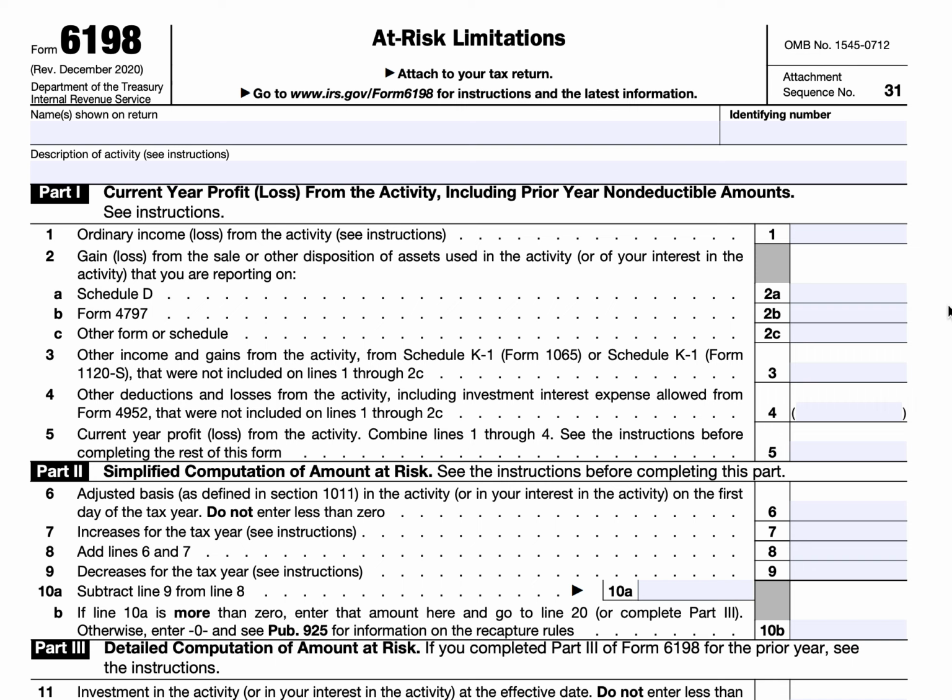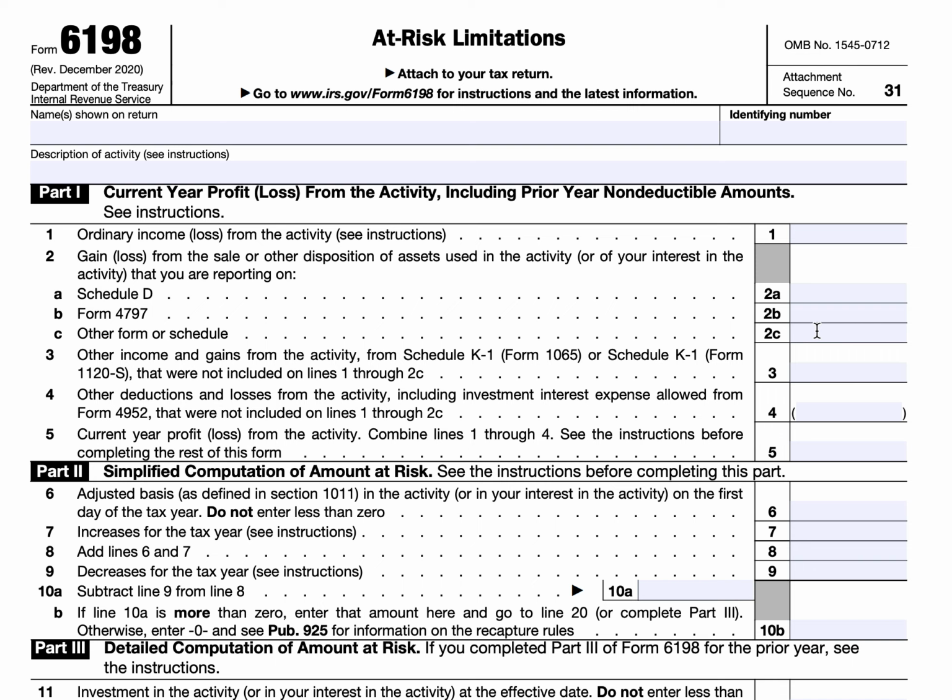So be sure not to enter any amounts in line 2C that you previously entered into either line 2A or 2B. The form instruction states, as an example, if you filed Form 4684, which is for casualties and thefts, and you carry amounts from that form to Form 4797, which is the sale of business property, then you would have to properly account for the amount on each line.